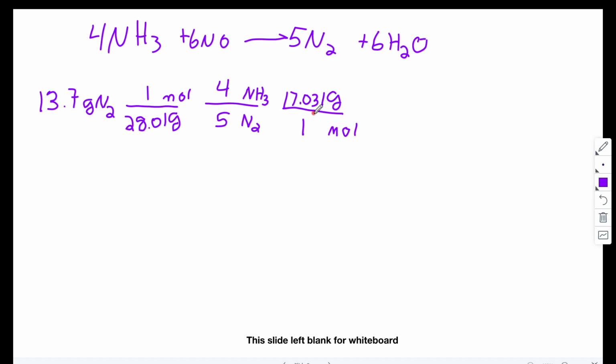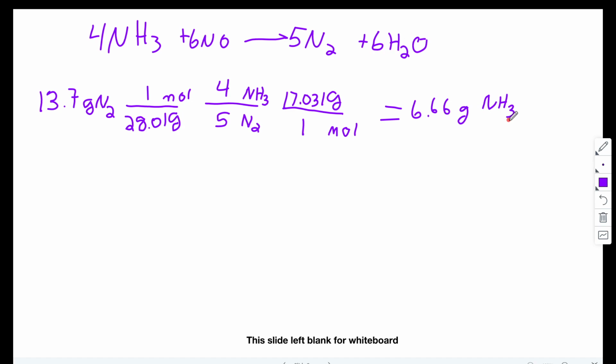Alright, so now we can go ahead and solve, and in this case we end up getting 6.66 grams of, and it's always going to be this first compound that's on top here, NH3. Okay, so we've solved our first problem.